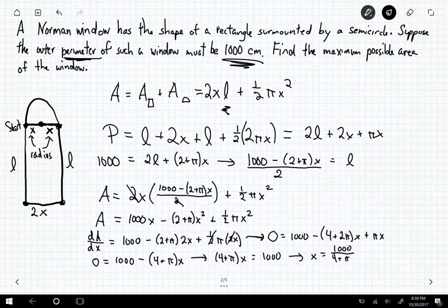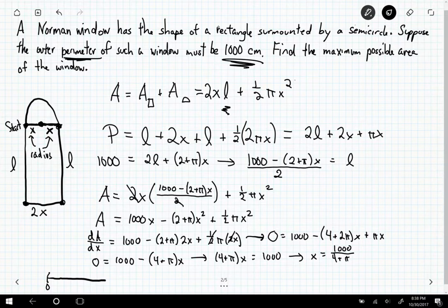Now, does that mean it's a maximum? No, this might be a minimum, so that's where we have to do some checking. And I'll try and see if I can fit it here. So first off, what's the smallest value x could be? Well, you really can't hit the value, but you could have x be approaching 0, right? So a really thin, or I should say tall window, essentially. Extremely tall, but not very wide at all. So we can approach 0, but never really include it.